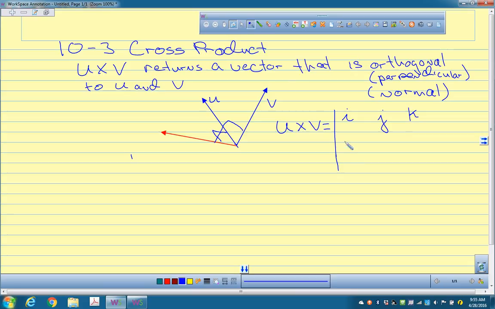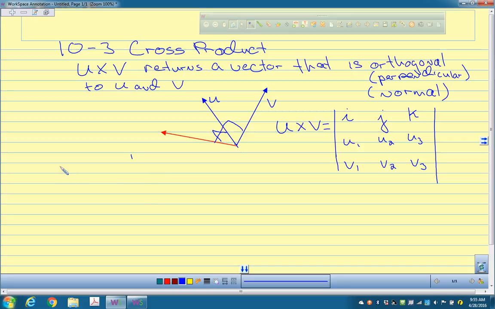You put the components of vector U in the first row, and the components of vector V in the second row. We'll do an example, don't worry.